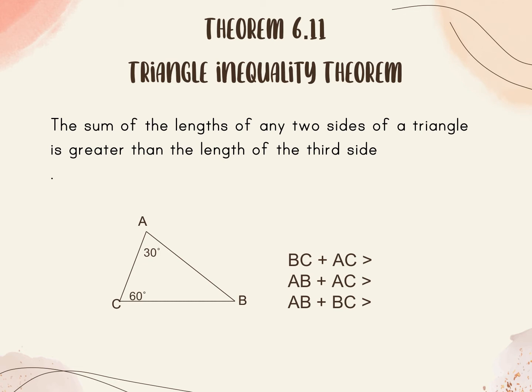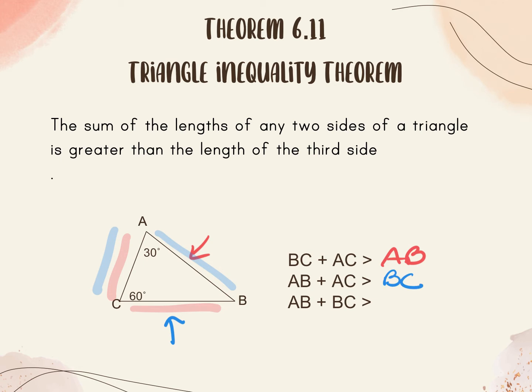So for example here, they're adding BC plus AC. That sum has to be greater than this side AB. And then if you were to add AB plus AC, that has to be greater than side BC.